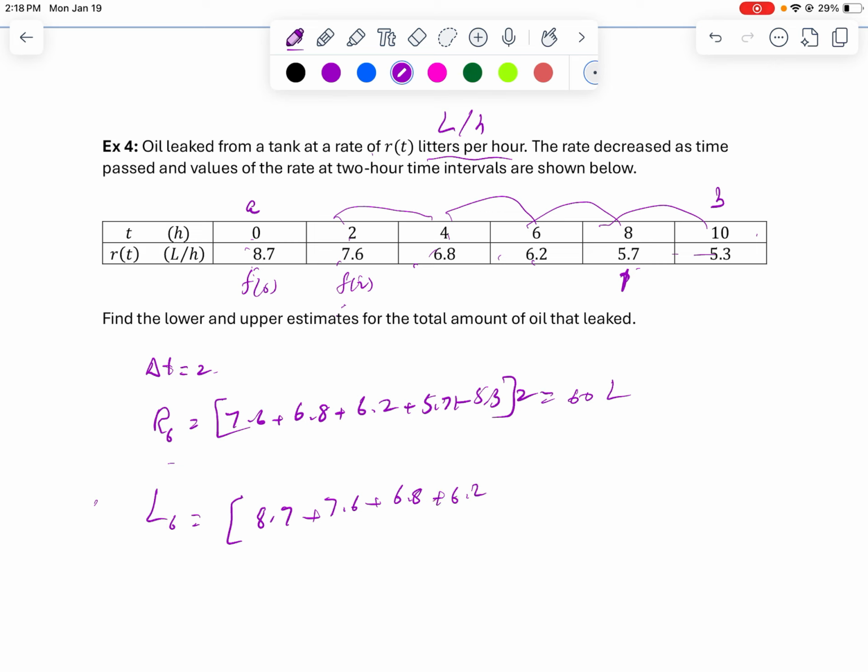One is upper, one is lower. The smaller value is the lower estimate, and the higher value is the upper estimate. So this is how we use the Riemann sums.